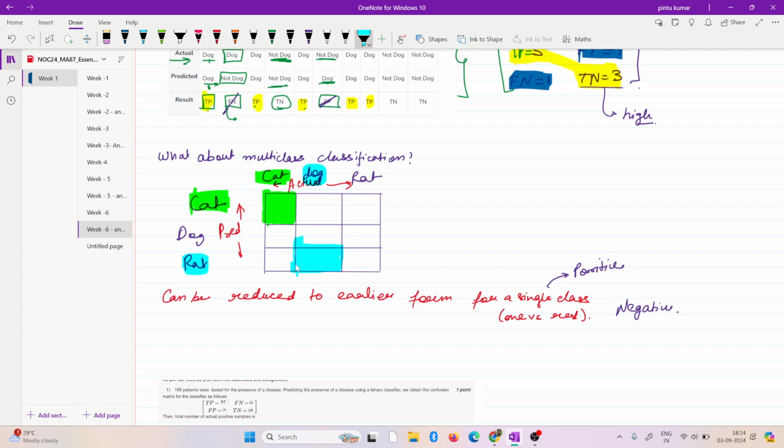This is how you will create the confusion matrix for your multi-class setup. So you will fill in these entries and you will get your confusion matrix.